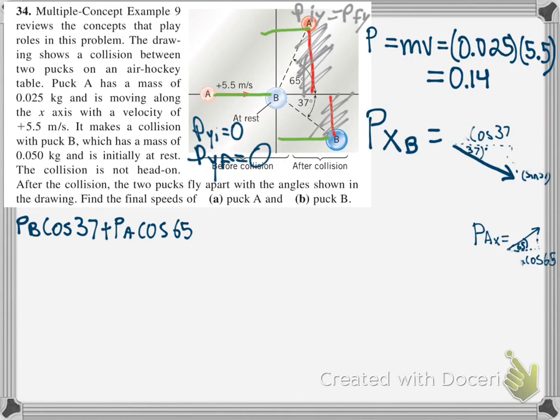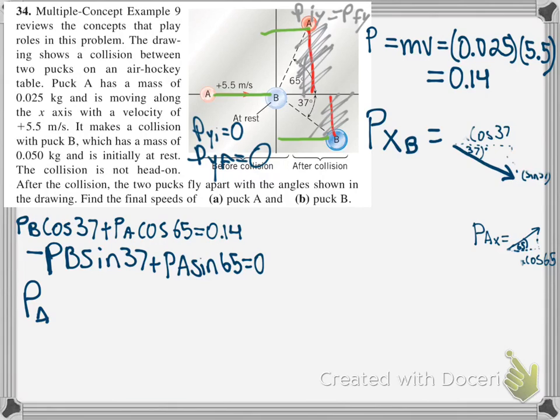Now we can use our trigonometry: the momentum of B cosine 37 and the momentum of A cosine 65 give us 0.14. But also, because initial equals final, if you subtract the y's, they'll give you 0. That's what we just did with these sines.